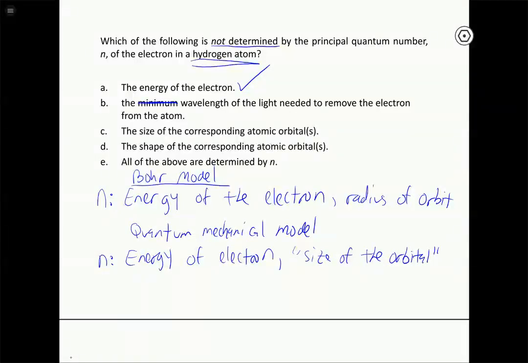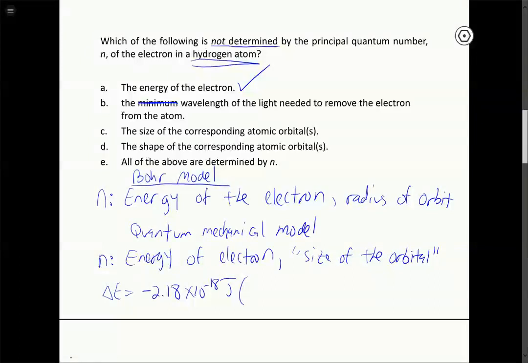But anyway, this one relates to the idea of if we shine light on the electron and it has high enough energy, it can completely remove the electron, and that's coming from the Bohr model, where delta E is equal to minus 2.18 times 10 to the minus 18 joules times 1 over final value of n squared minus 1 over the initial value of n squared. So this equation here is what is going to relate to this answer choice.